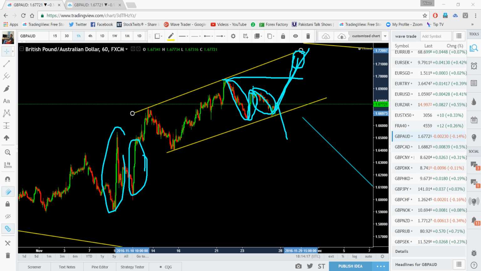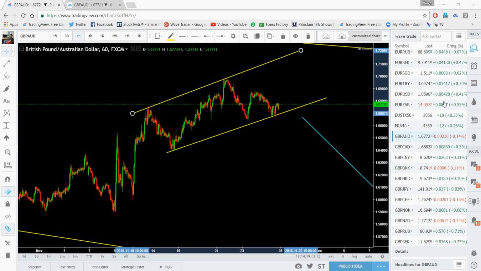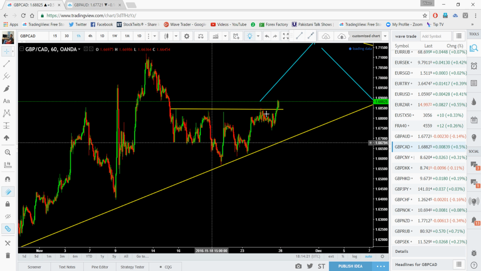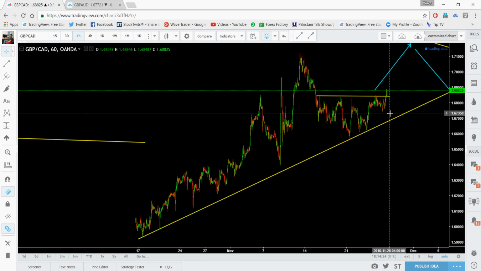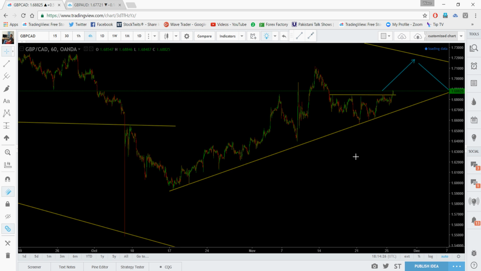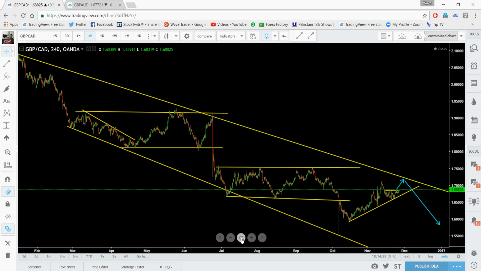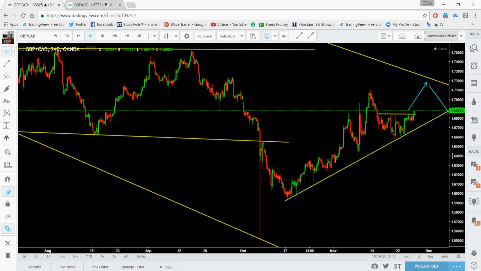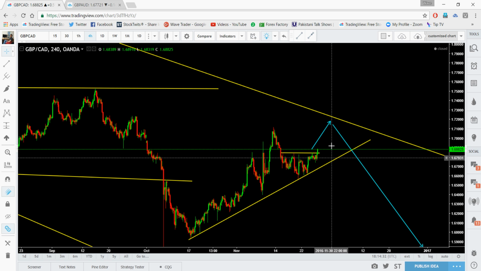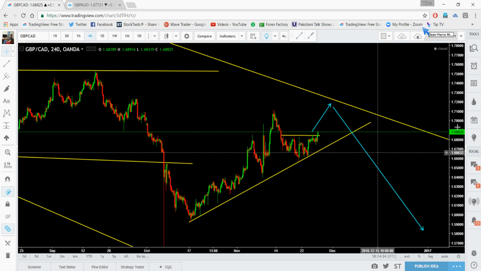All right, so let's look at the next one. I have already shared this picture in the group and also updated the idea. It can come up to this trend line. This is a corrective pattern and the whole wave is corrective, not aggressive.